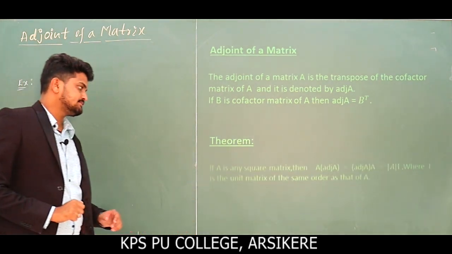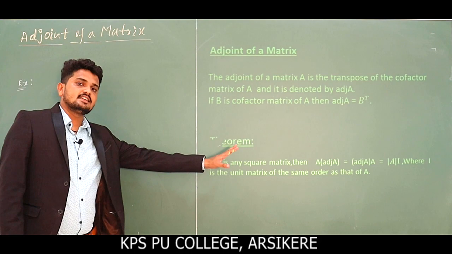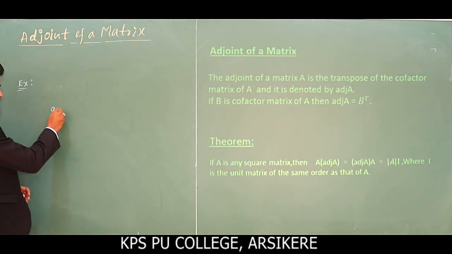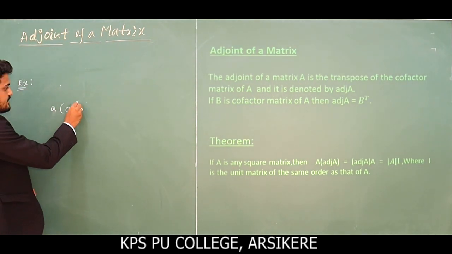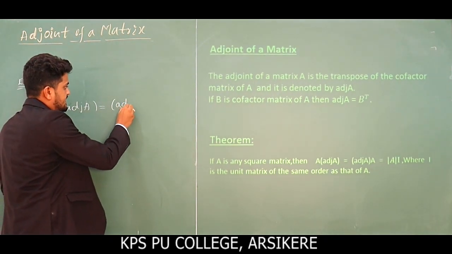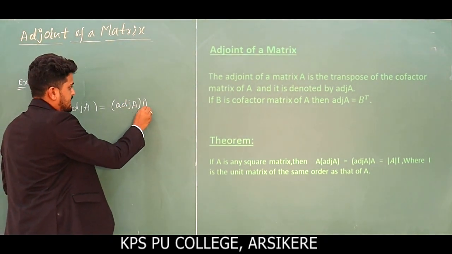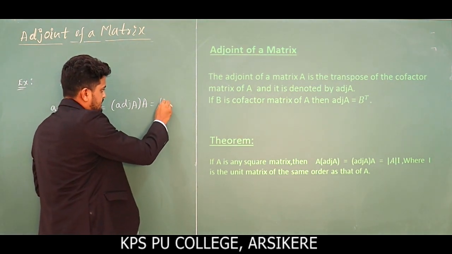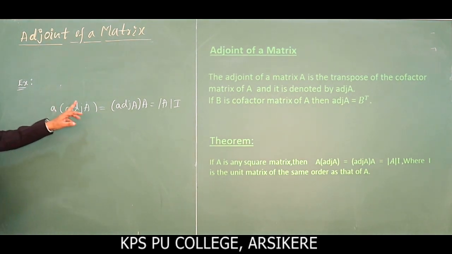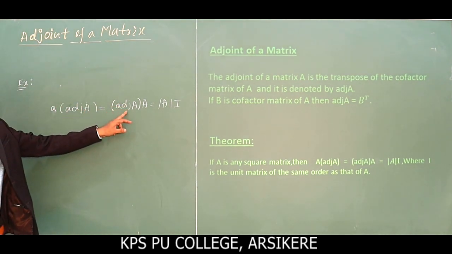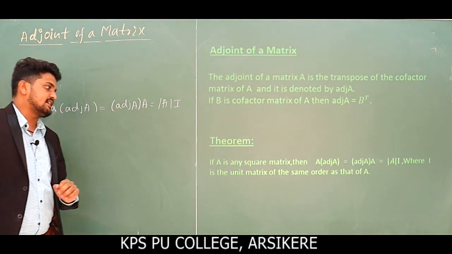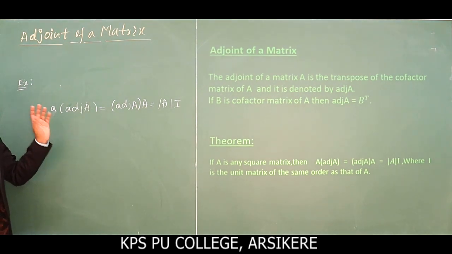If A is any square matrix, then A into adjoint A is always equal to adjoint A into A, which is always equal to determinant of A into I. This is the statement of the given theorem, where I is the unit matrix of the same order as that of the given matrix.